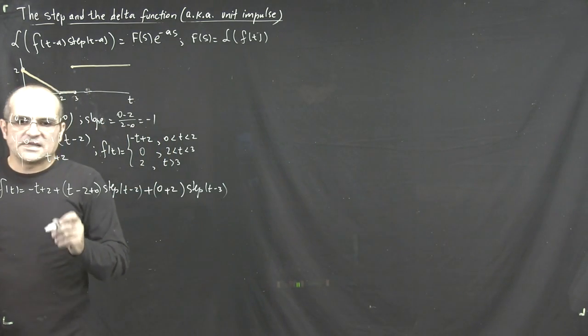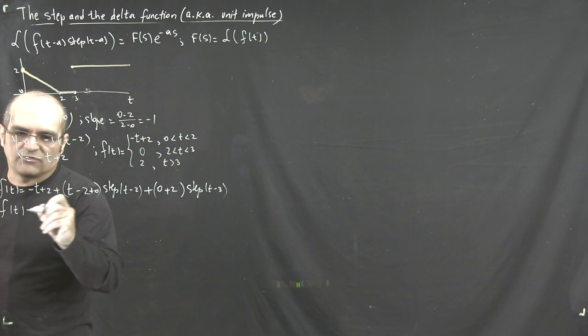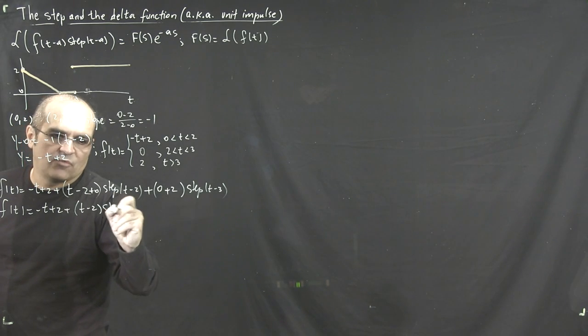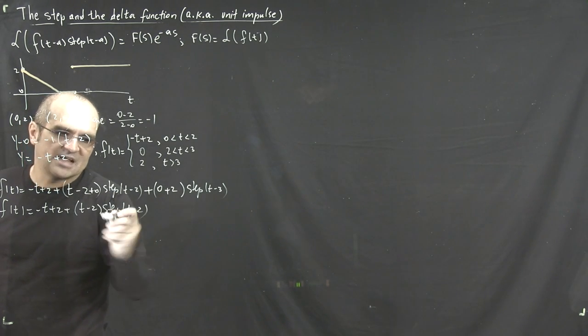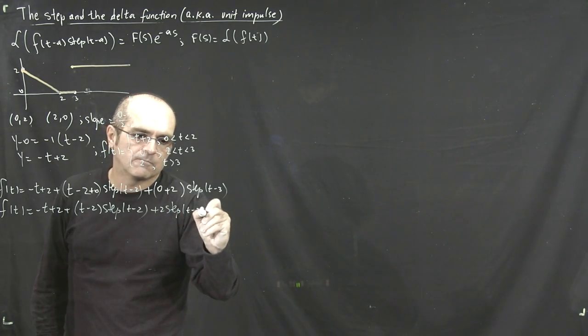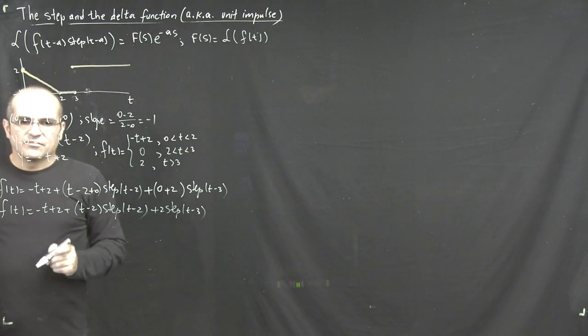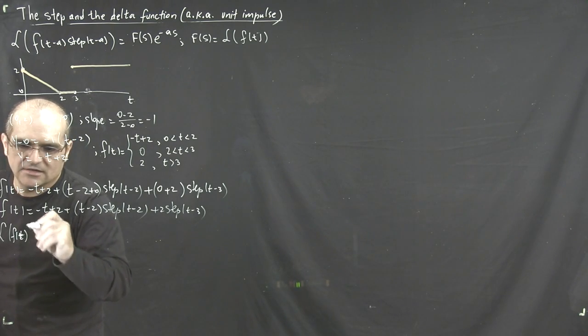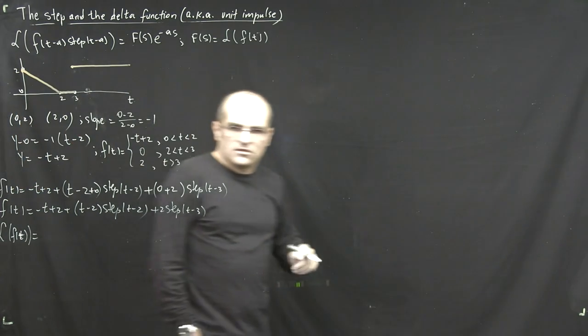So let's say now I want to find the Laplace transform of this. I actually made it so that it's in the proper form for the delay theorem. If it's not, you have to do some other algebra steps. But now, when you take the Laplace transform, it's very important to understand when you need the delay theorem.